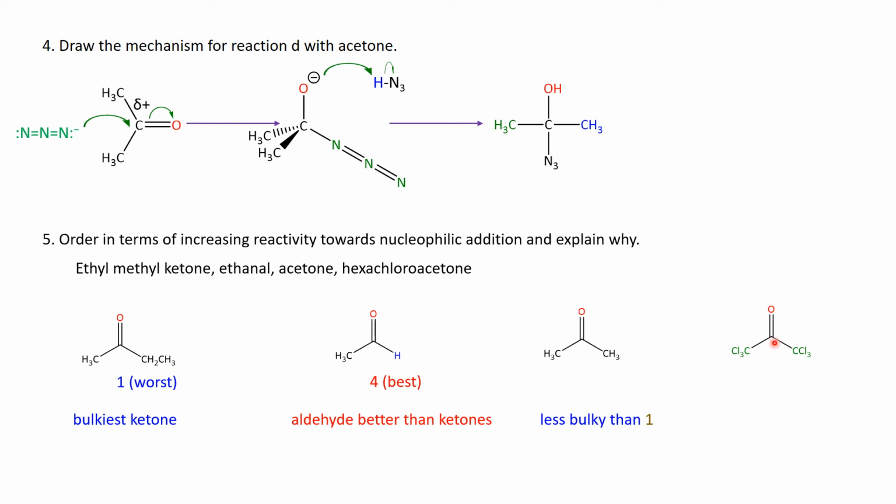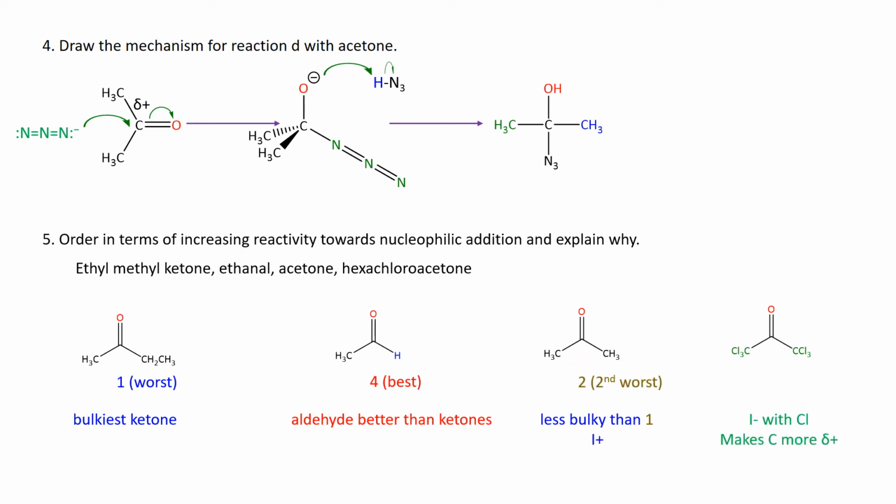And so this means that this carbon, which was already slightly positive because of the oxygen sucking electrons away, is going to be even more slightly positive. And seeing as how the reactivity is associated with a nucleophile coming in here, the more slightly positive this carbon is going to be, the more reactive it's going to be. So thus, for electronic effects, this one more reactive than this one.